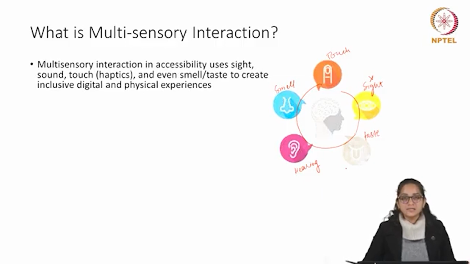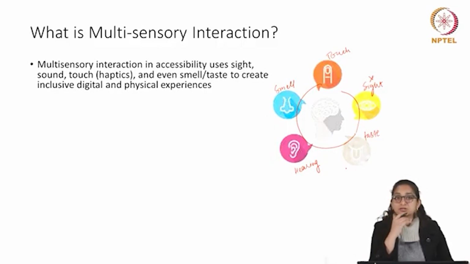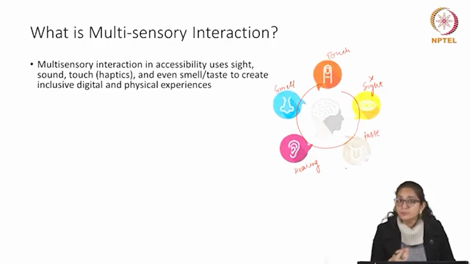So I, for example, am unable to visually give attention to a screen at a given point of time, but still the information is communicated to me through audio or through some feedback systems which are vibrotactile.